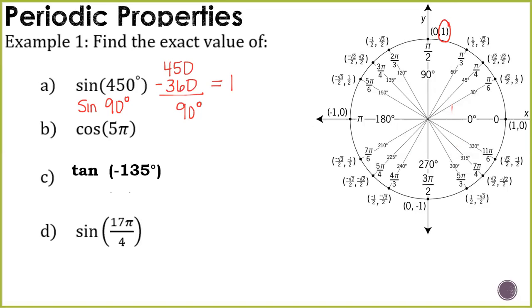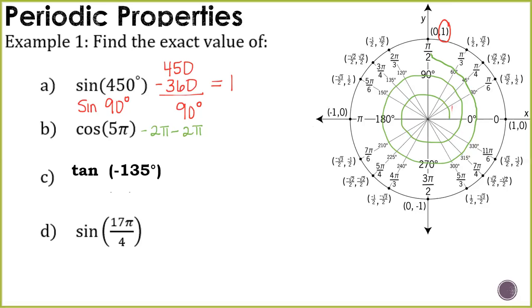For our second example, the cosine of 5 pi, so 2 pi is equivalent to 360. So what I have to do is subtract 2 pi. I can actually subtract it twice. So if I take 5 pi, this means I'm rotating around once, and then I go around a second time, and then I stop at pi again.